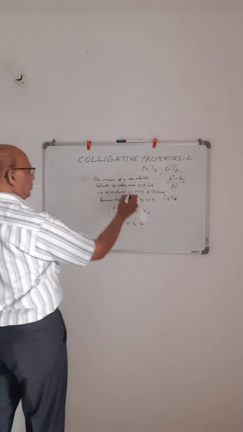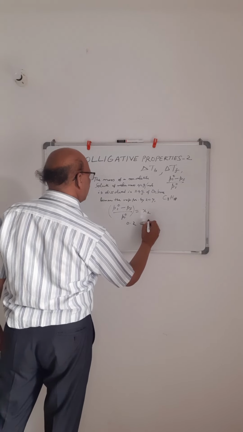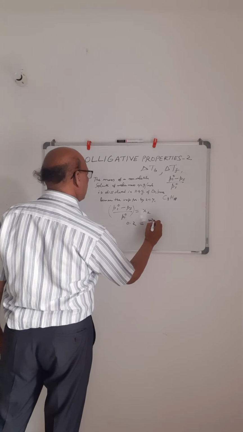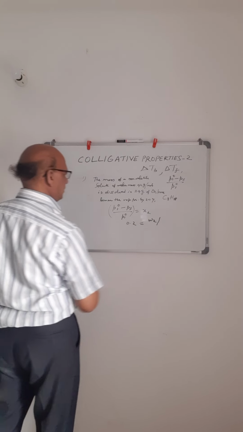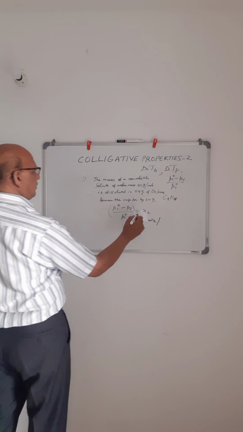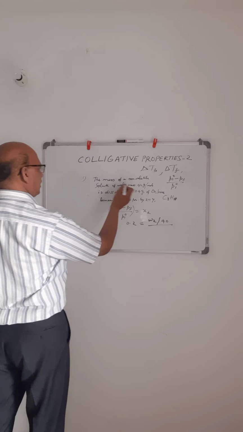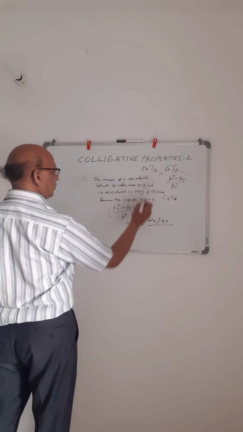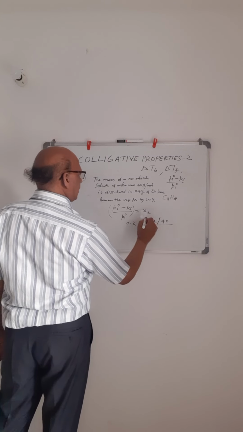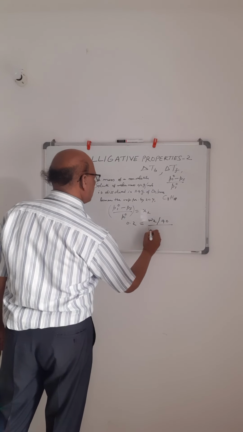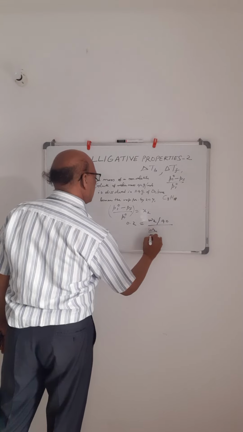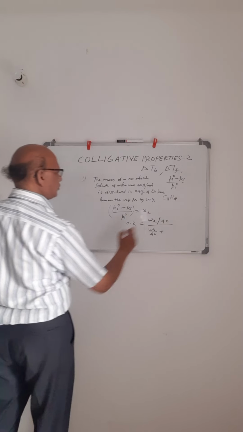Mass of the non-volatile solute is not given, so let us assume that the mass is W2, divided by the molar mass, which is given as 40, divided by the number of moles of solute plus the number of moles of solvent.